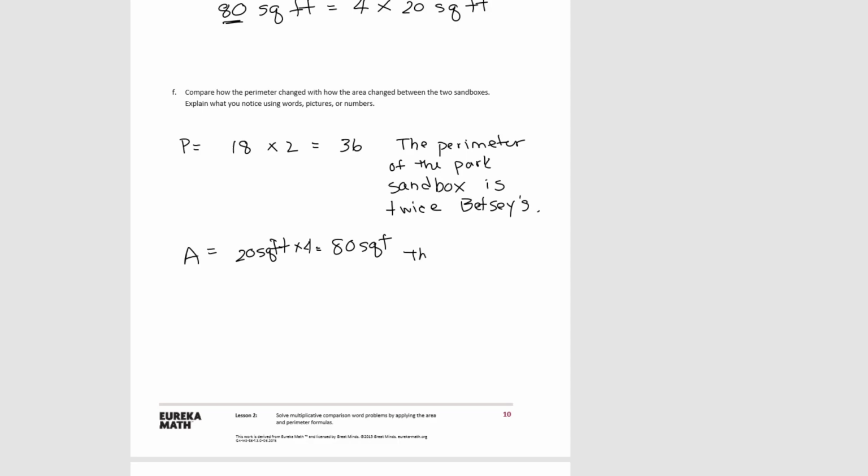So the area of the park is 4 times the area of Betsy's.